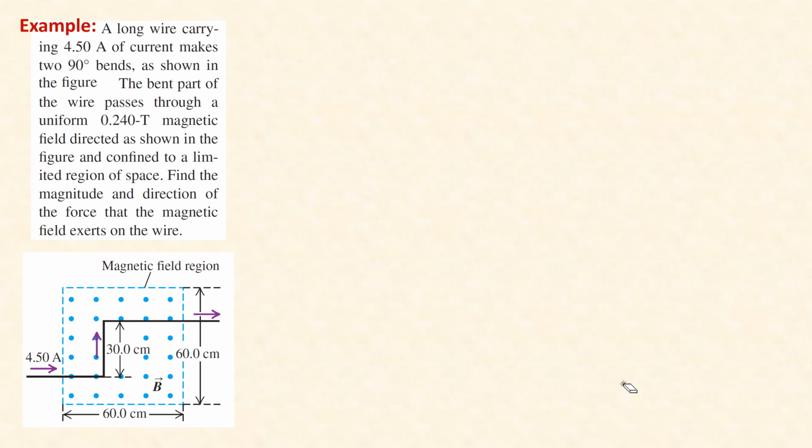Find the magnitude and direction of the force that magnetic field exerts on the wire. So you see that this part from here to here of the wire is in the field. And the field is out of the page. As you see, it is denoted by dots.